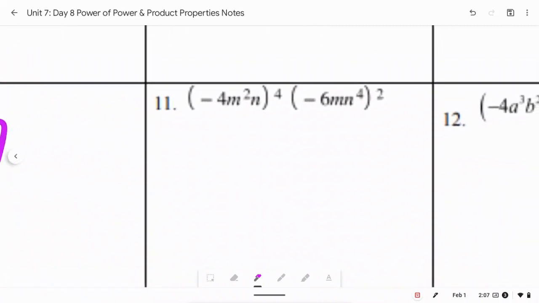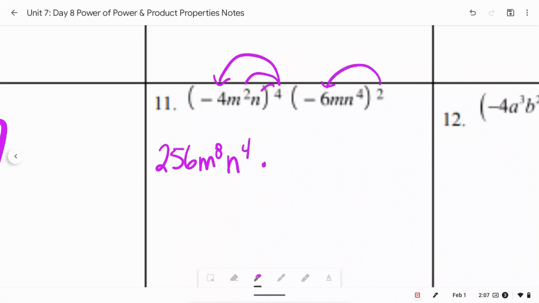In number 11, I'm going to do -4 to the fourth power, and I get +256. Then multiply the exponents to get m to the 8th, n to the 4th, times -6 to the second power is +36, and then multiply the exponents, m to the second, n to the 8th.